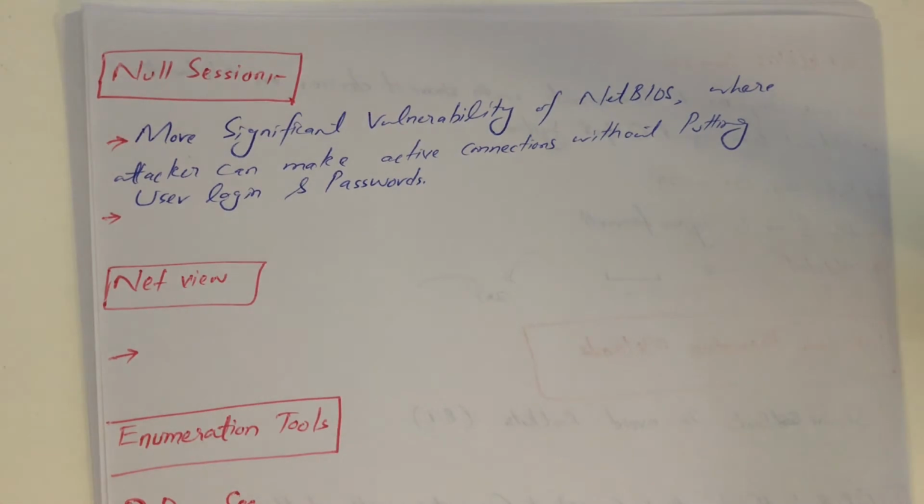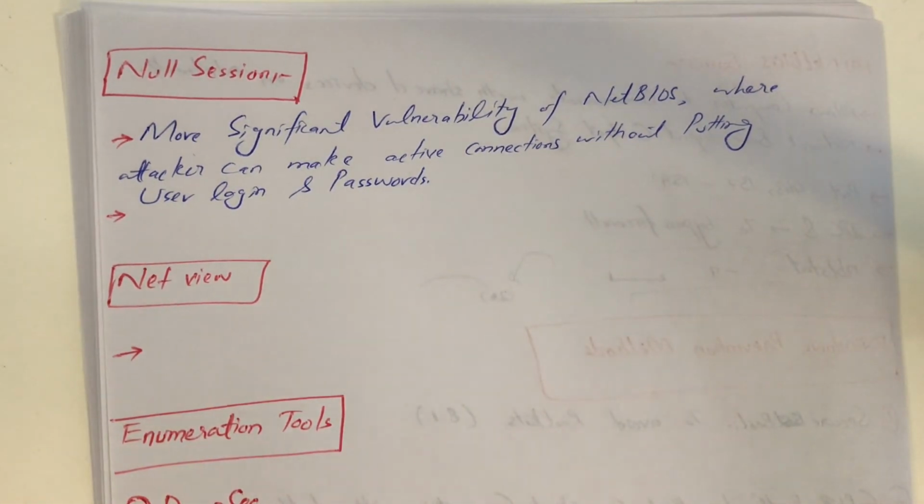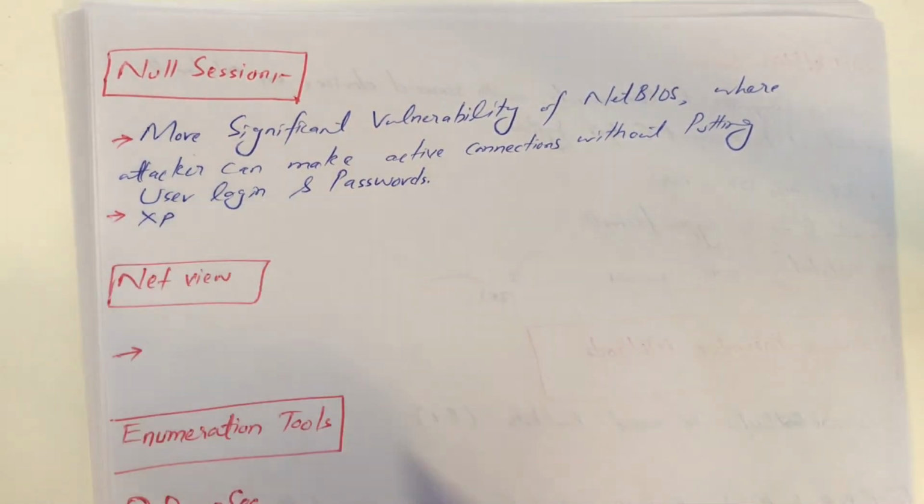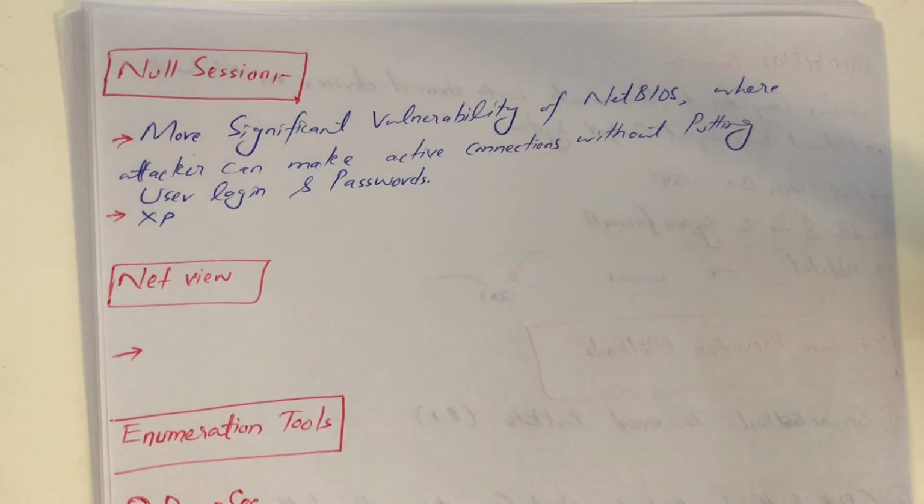So without putting a username and password, they can make an active connection. Again, this feature was disabled after Windows XP, but Windows XP is more vulnerable to that.